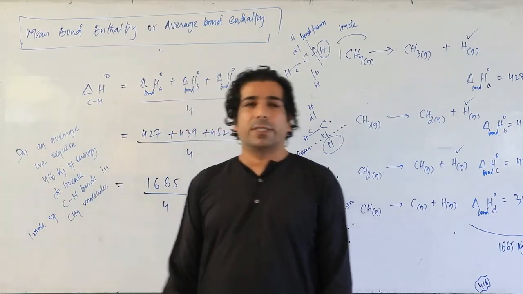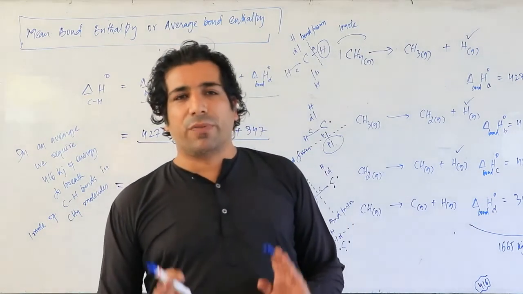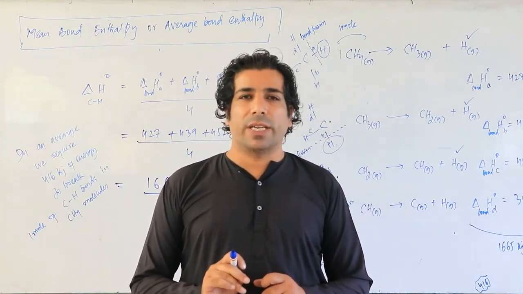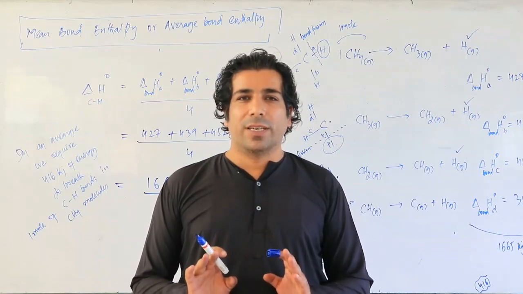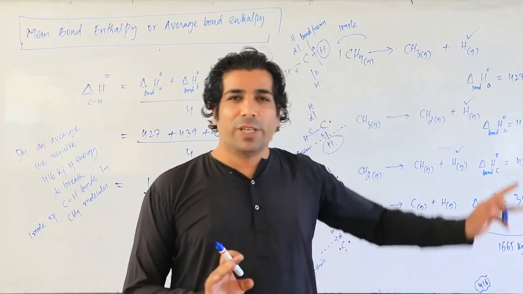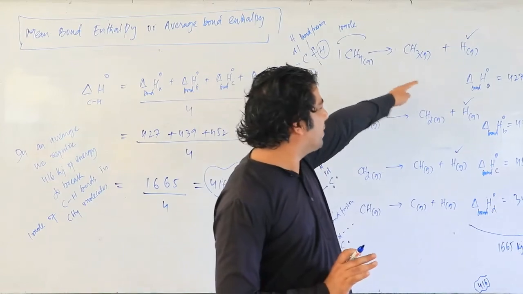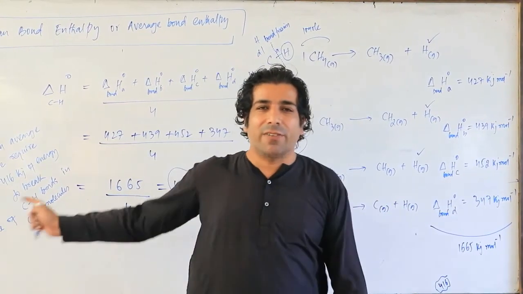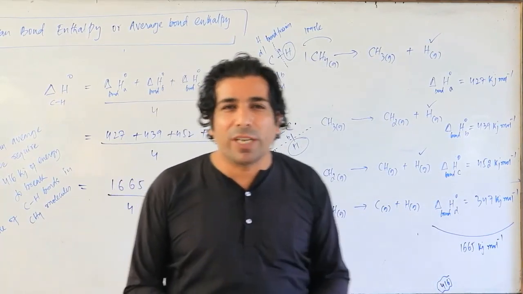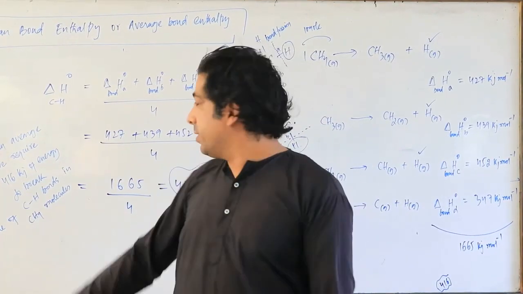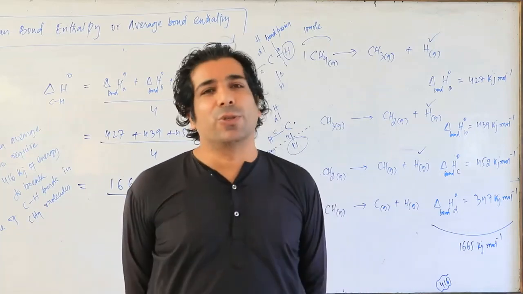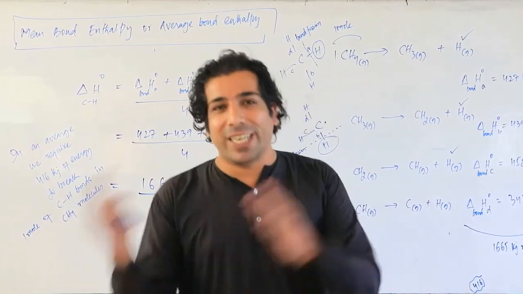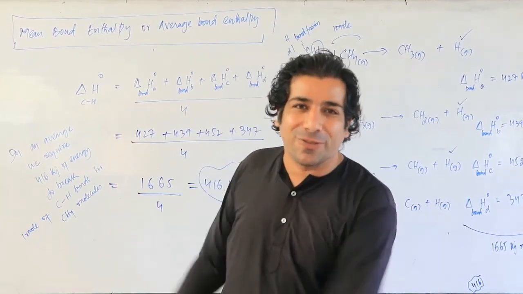So on average I require 416 kilojoules of energy to break 1 mole of C-H bond in CH4 molecules. But if you look, every C-H bond has a different value of bond dissociation enthalpy. But when I have taken the average, every bond in methane on average requires 416 kilojoules of energy. But individually they require different energy. But on average they require 416 kilojoules of energy.